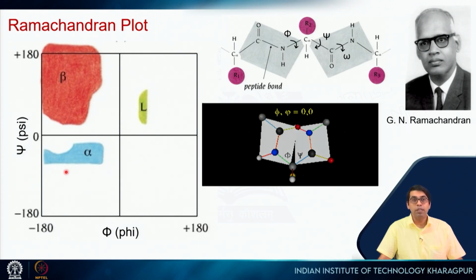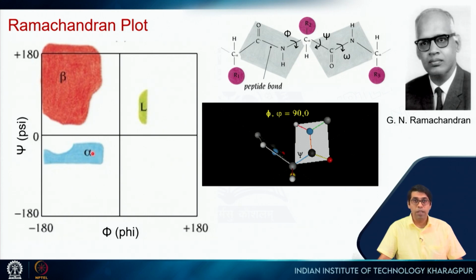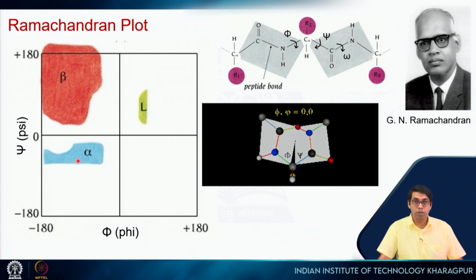Indeed, proteins occupy only these regions, and it also turns out that when a series of amino acids have a particular set of torsion angles, they have a particular shape.